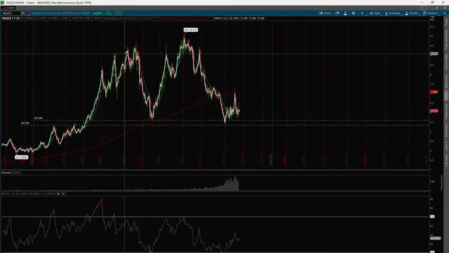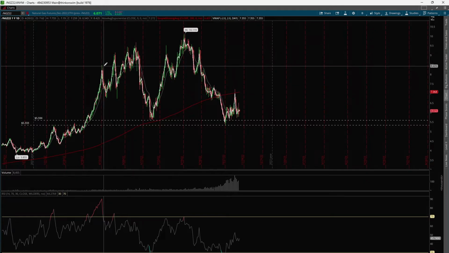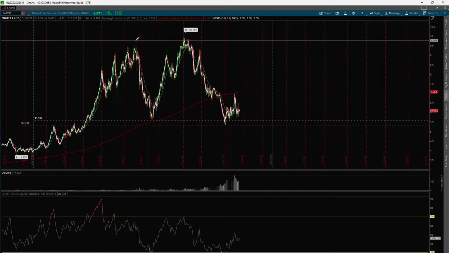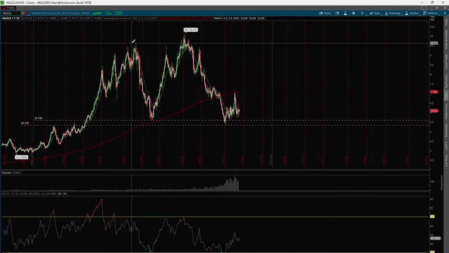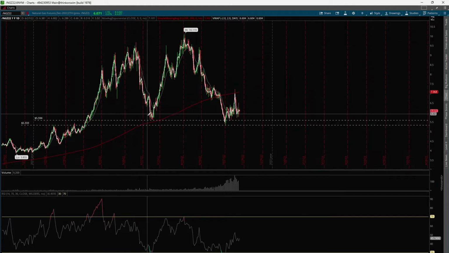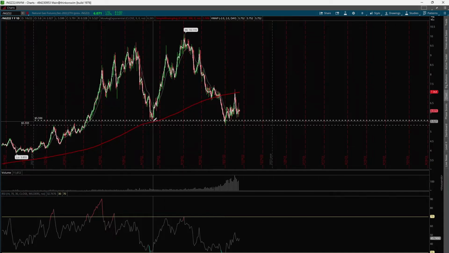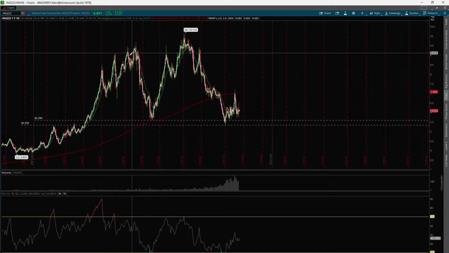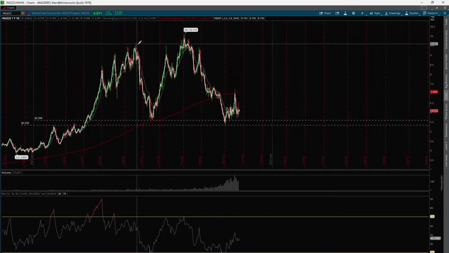For quite a while, until June, we topped out up here in the 9 to 10 range, and we ended up pulling back. Just like always, when we're day trading, swing trading, or investing, it's good to see from a year-long perspective what the chart is actually doing.